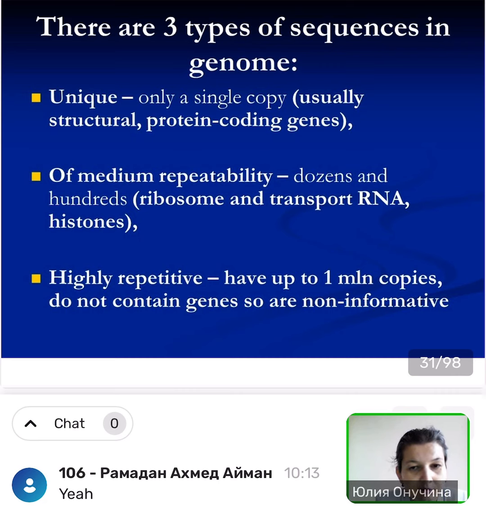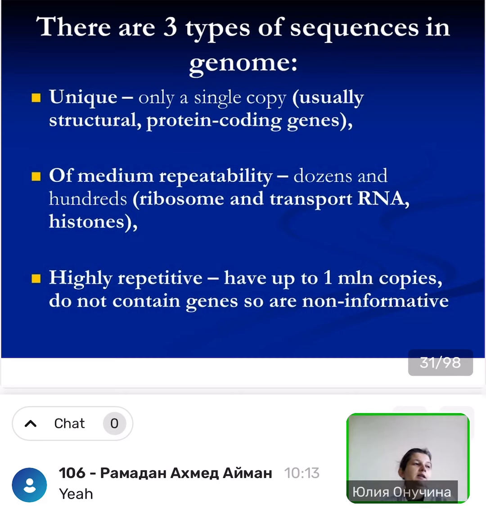The other 70 percent of our genome will be repetitive sequences. So medium repeatability sequences contain copies from 10 to hundreds, and they contain information about ribosomal RNA, transport RNA, histones, and immunoglobulins.